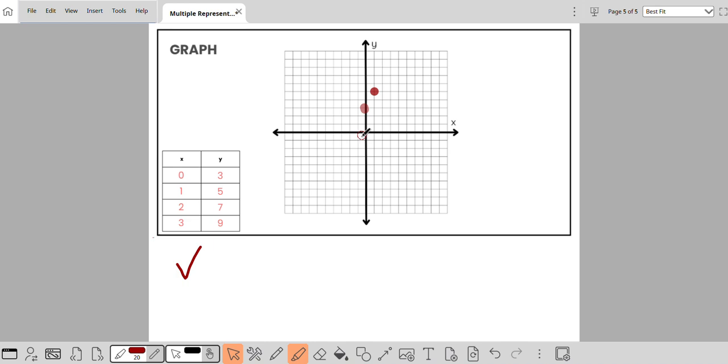The next one is over 2 and up 7. 1, 3, 4, 5, 6, 7. All right, and the last one is (3, 9). 1, 2, 3. 1, 2, 3, 4, 5, 6, 7, 8, 9. And there you go. That is your line shown as a graph.